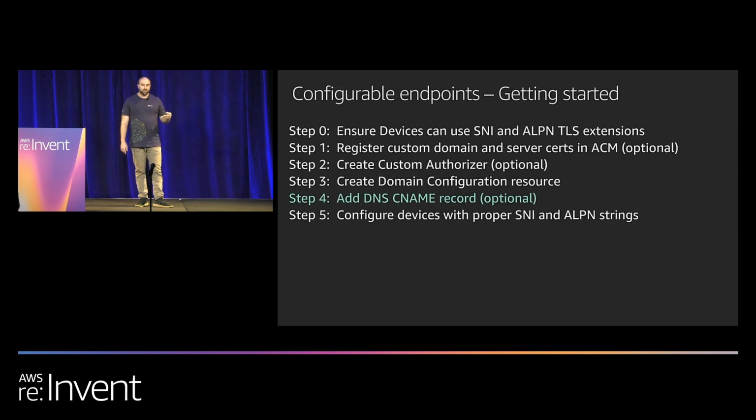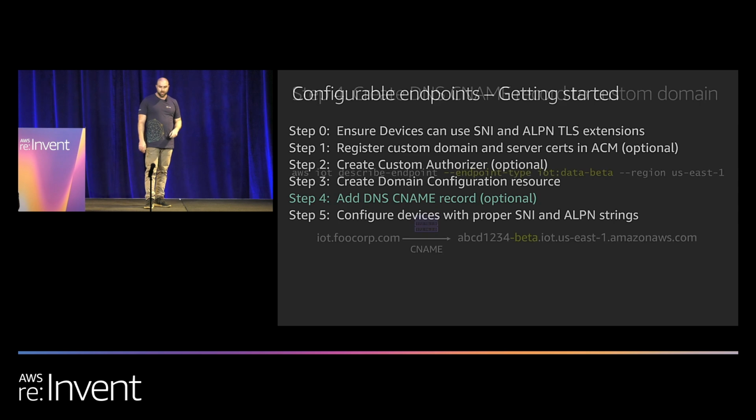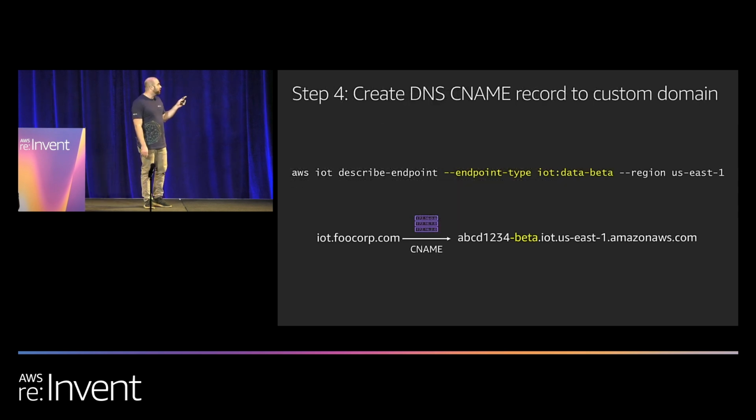So the final step is once you set up your domain configuration, you can set up now your DNS records that will map your custom domain to your IoT Core endpoint and allow you to send traffic on the custom domain to the IoT Core service. So the important thing to point out here is you'll need to make sure that you are CNAMing to a new endpoint type that's called data beta.